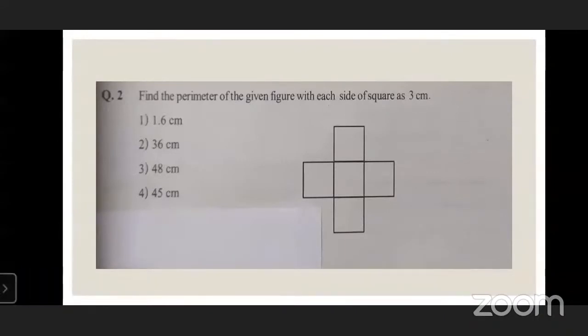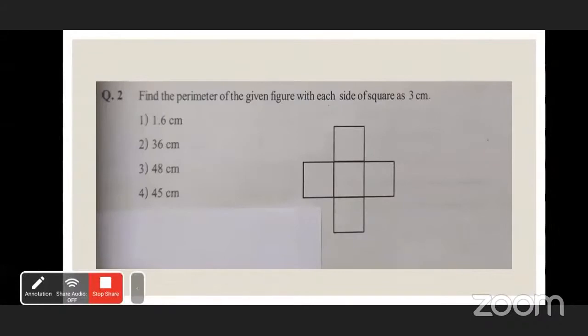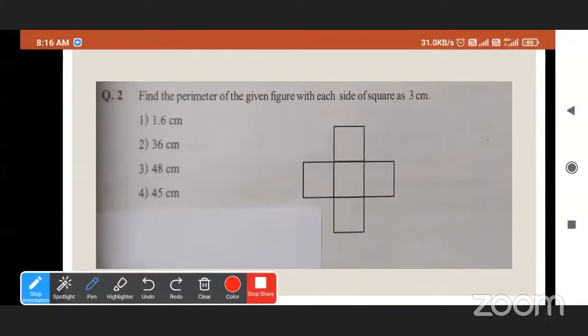Now read the question number 2. Find the perimeter of the given figure with each side of square as 3 centimeter. See, all the sides are 3 centimeter only.